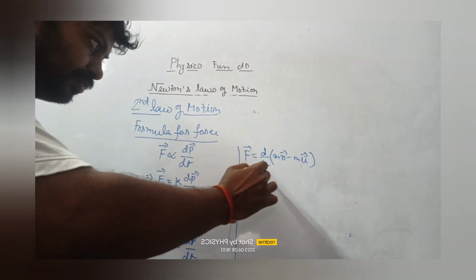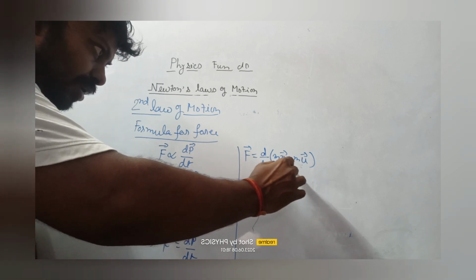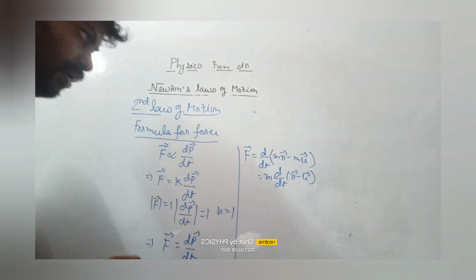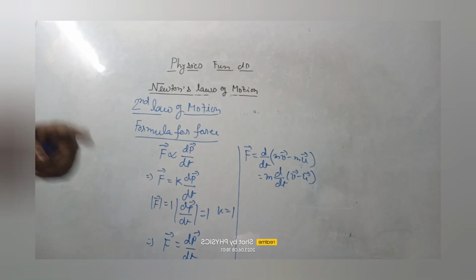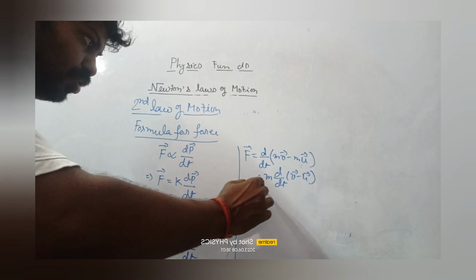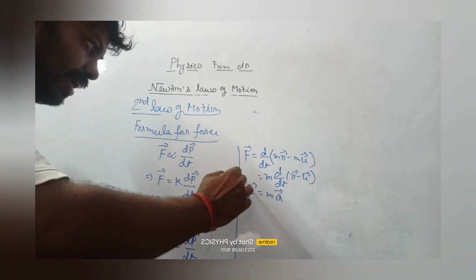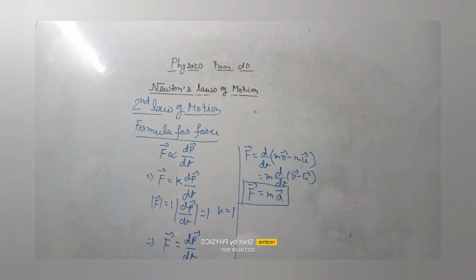Now m is constant, so we take it out, giving d by dt of v minus u. We know that this is the rate of change of velocity, and the rate of change of velocity is the acceleration. So F is equal to ma, which is the formula for the force: F equals m into a.